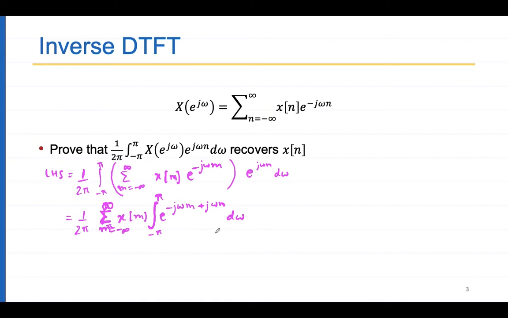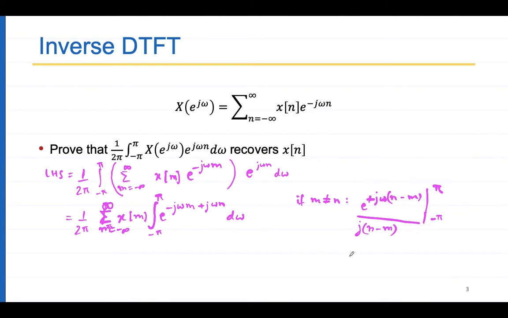This term, if m is not equal to n, will be e^(jω(n-m)), and if you integrate it, this becomes divided by (n-m), with limits from minus π to π.